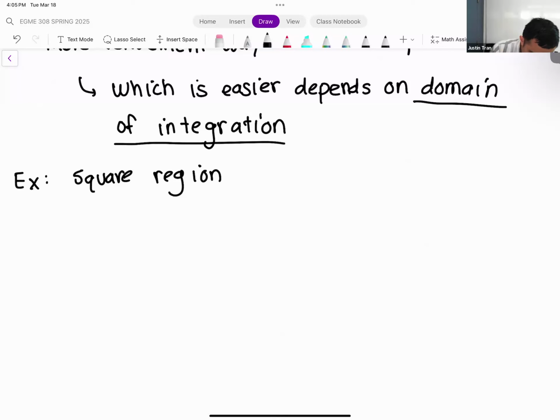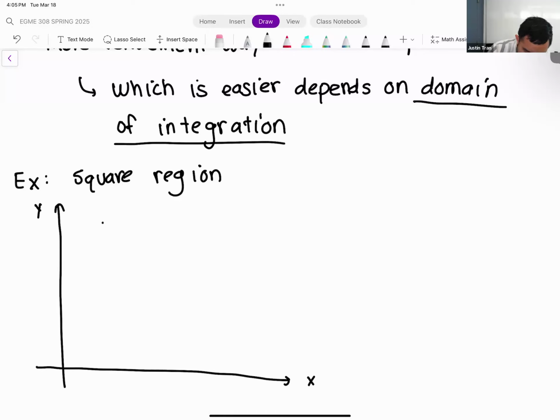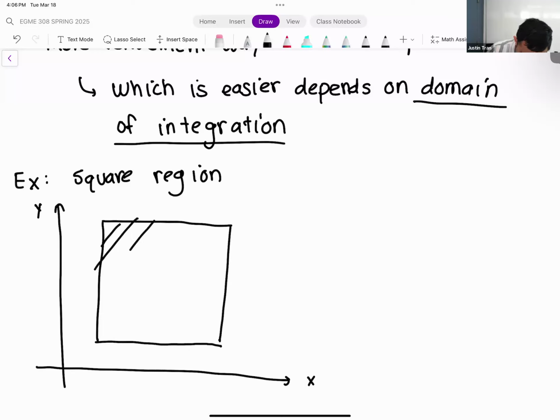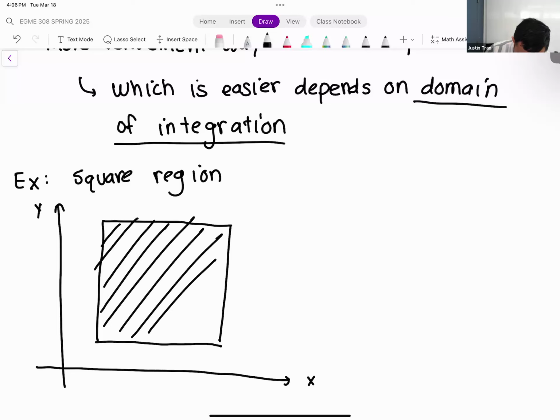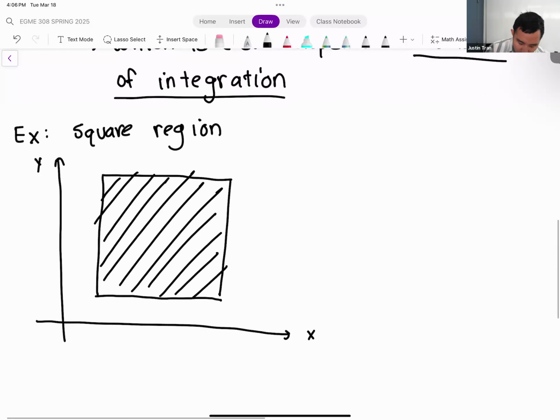Okay, so let's say that we have an XY plane here, and let's say that we have a square region that looks like this. Maybe the X coordinates for the domain go between, I don't know, 1 and 4, and the Y coordinates go between 2 and 5.